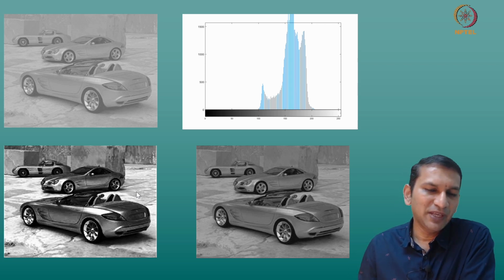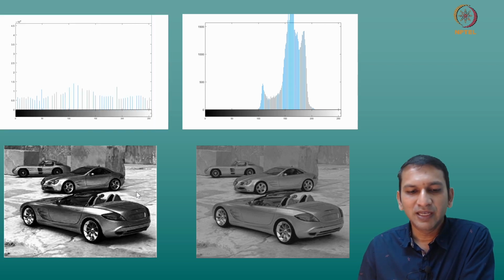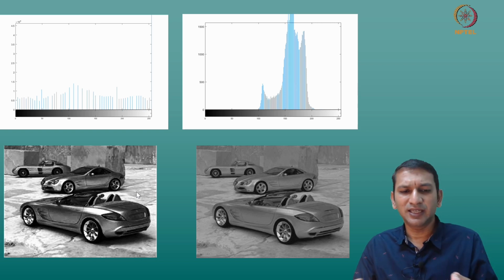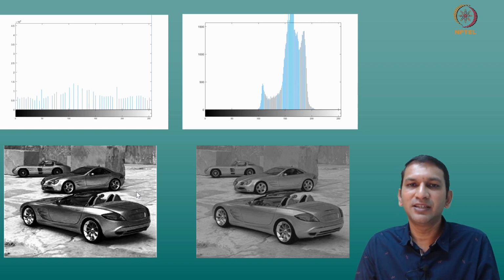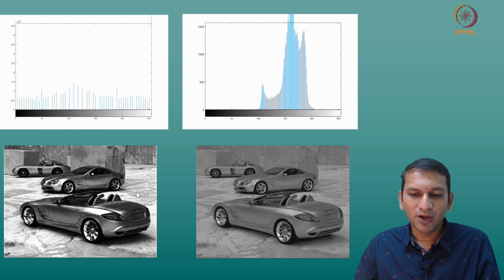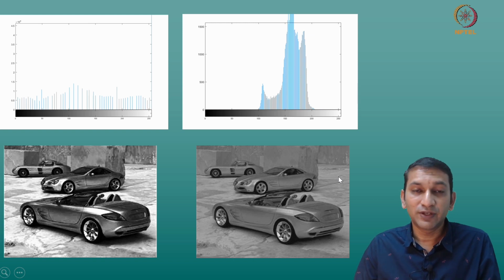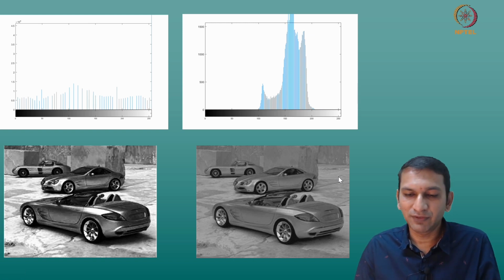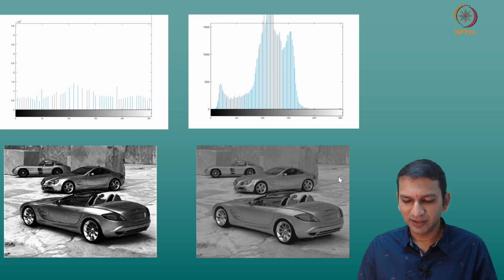For the histogram equalized image, the histogram of pixel intensities is essentially covering the entire 0 to 255 interval. However, if you look at the histogram of pixel intensities for the image that we obtained by applying our fuzzy inference system, this is what you see.